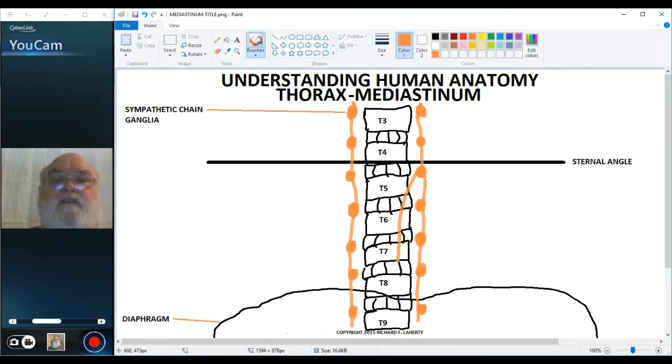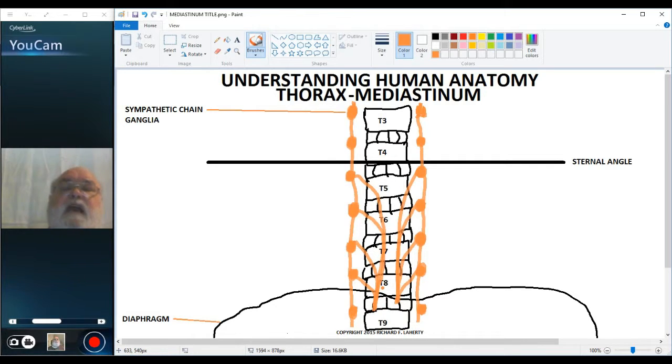And I'll sketch it in here. And the one I'm drawing in is the greater splanchnic nerve. And it receives axons from several of the sympathetic chain ganglia.